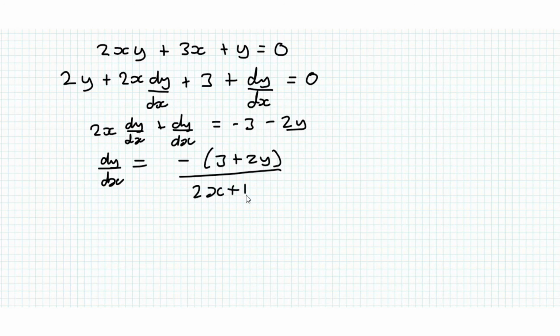You see, if we just factorise out dy by dx, we get 2x plus 1, so we can divide by that. And that would be the answer. I'll go more in depth into implicit differentiation, but this was just a view over. I'm assuming you've been taught it and you just need to see this again, just to trigger that memory.